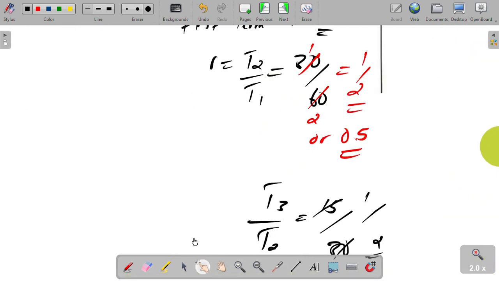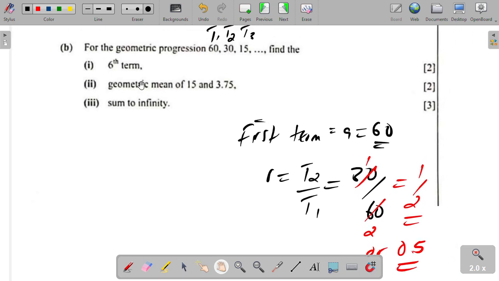Let me zoom in again. Okay, so now we are looking for the geometric mean.